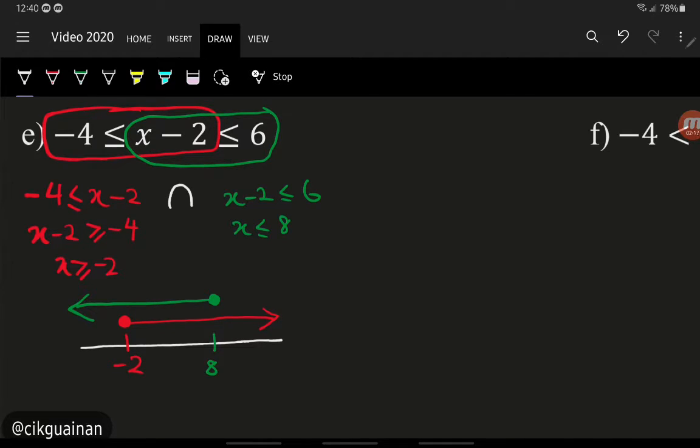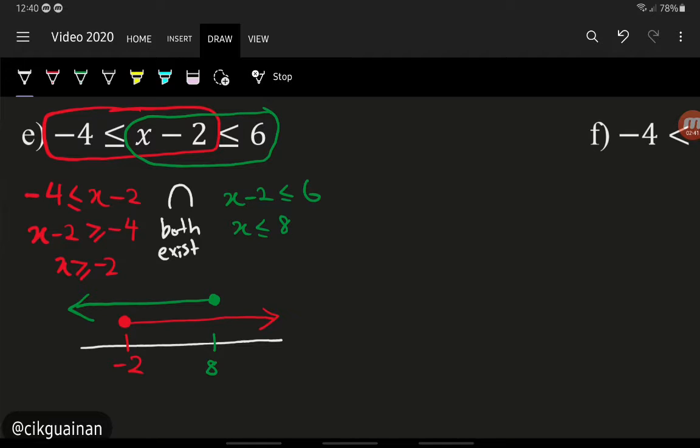Now, for this one, we are looking for the intersection between these two lines. What does intersection mean? It means that both must exist. Both red and green must exist, then we take it as the answer.